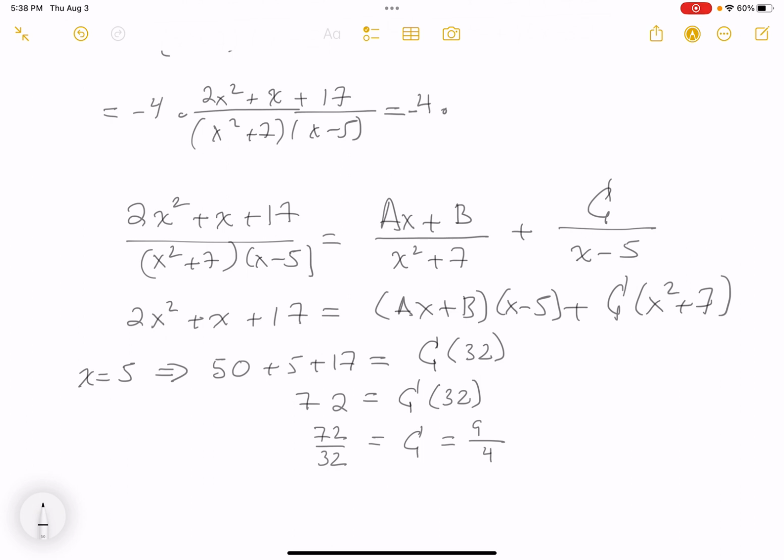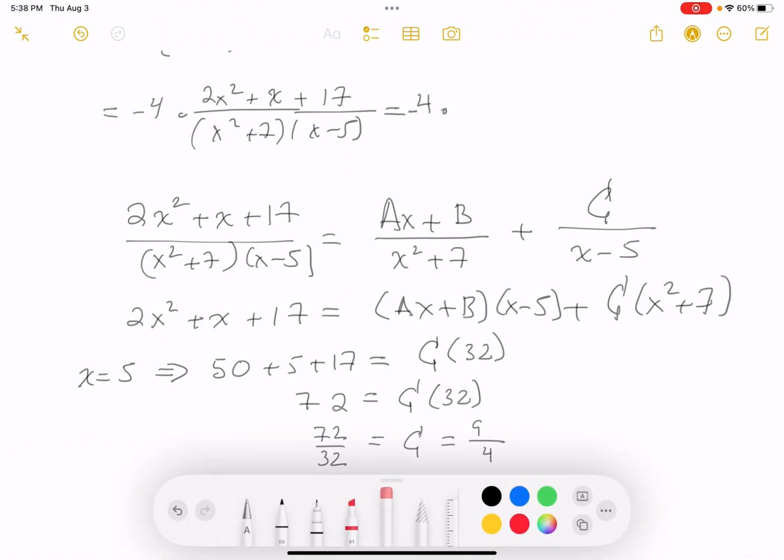I'm going to get my eraser out now. I'm going to erase wherever I see the C in the problem, up here anyway. Maybe not everywhere, over here. And I'll write down 9/4. Okay.